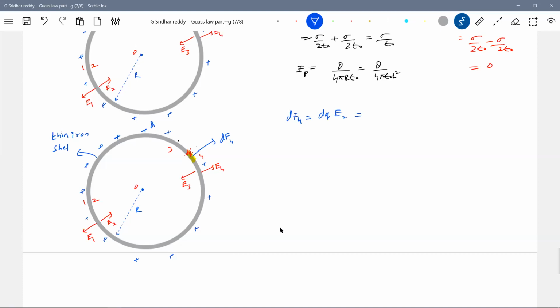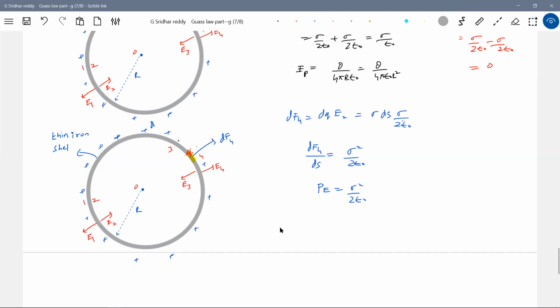What is dq? Sigma into ds. What is E2? Sigma by 2 epsilon naught. And df4 by ds, what should it be equal to? The electric pressure. And what this electric pressure is doing is it will try to expand. So the whole shell will experience a radial outward force.